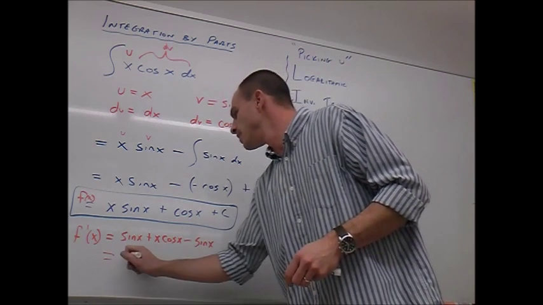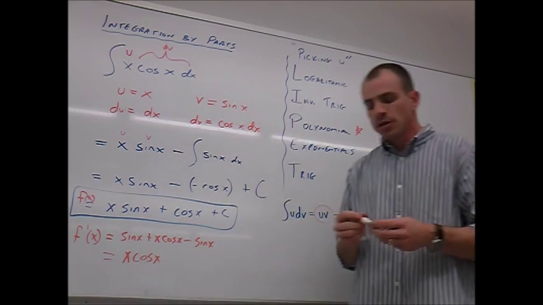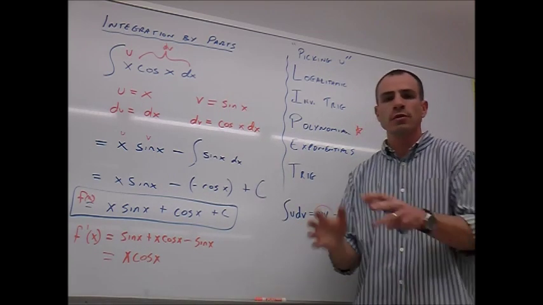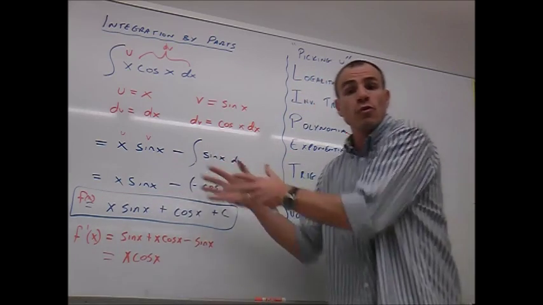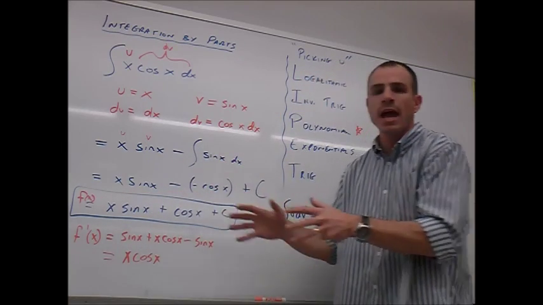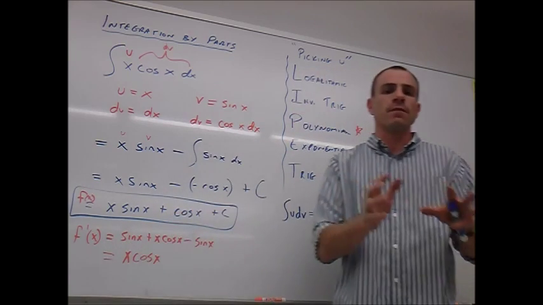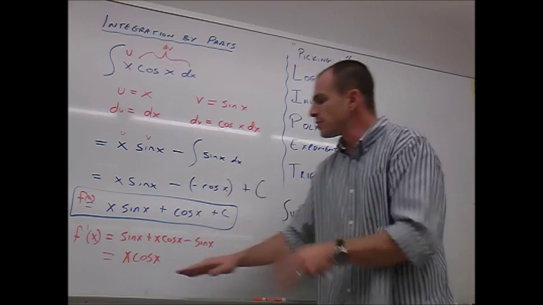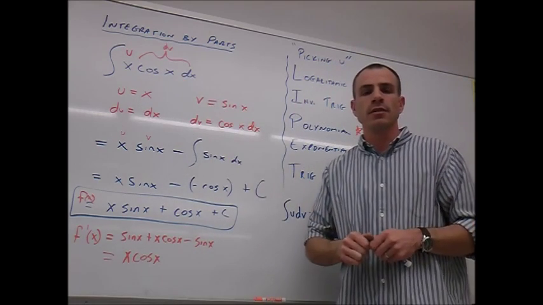The signs eliminate each other, and what are we left with? x cosine x. So when you're doing this integration by parts, you're coming up with a multi-term solution. But if you were to derive that multi-term solution, stuff from the first part of the derivative cancels out stuff from the second part of the derivative, and when all is said and done, only the initial integrand is left over.